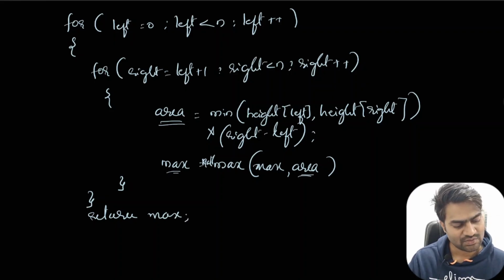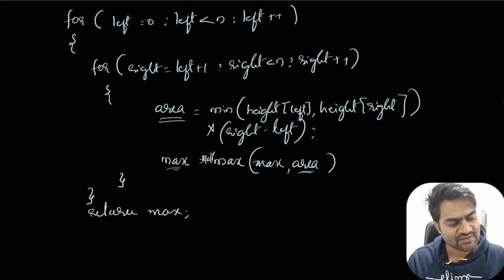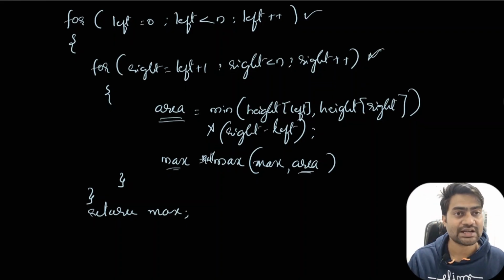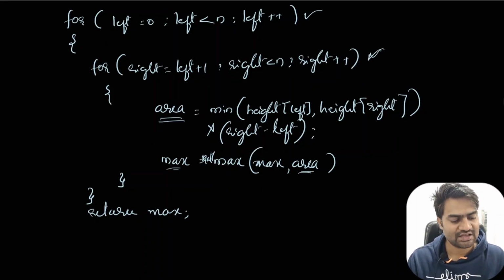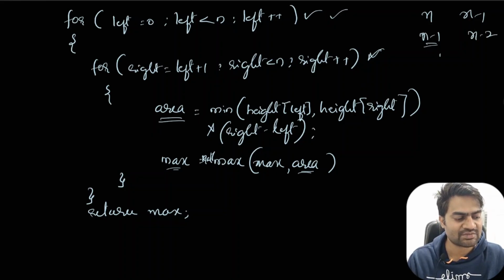Okay, so now if you see, for each value, it almost iterates for n time. So it is not n time, basically one value lesser than the previous value. What I'm trying to say is, if initially this iterates for n time, this iterates for n minus 1 time. If the first loop iterates for n minus 1 time, then this iterates for n minus 2 and something like that.